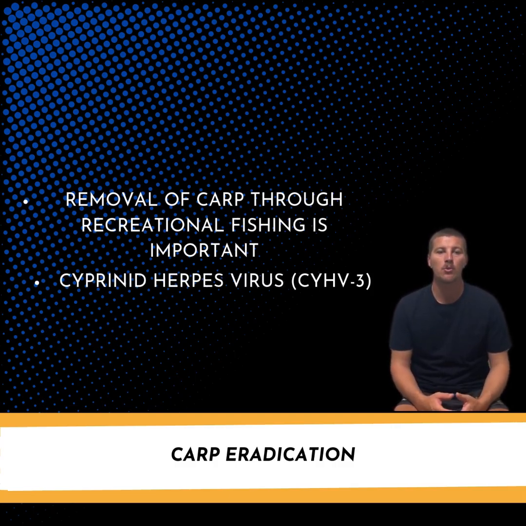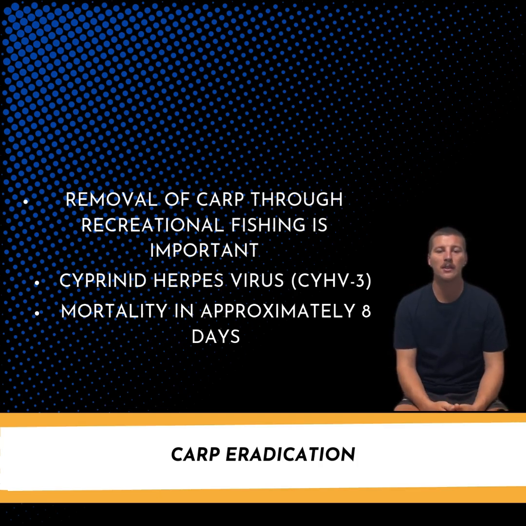Collectively, we all need to band together and express the importance of carp eradication to our governments, who have long debated the introduction of the cyprinid herpes virus. The virus attacks the carp's skin, kidneys and gills and causes mortality in approximately 8 days.